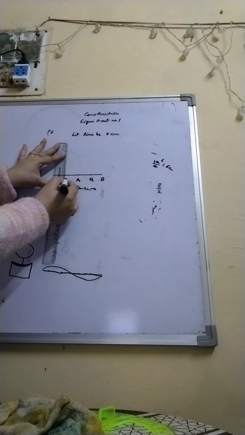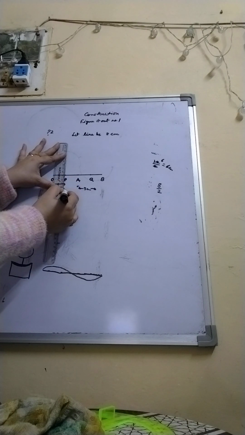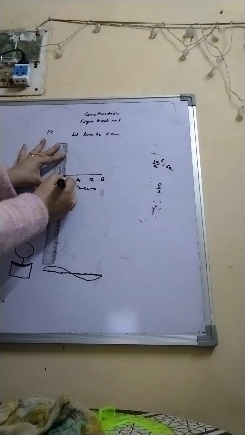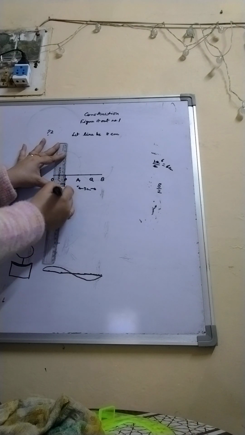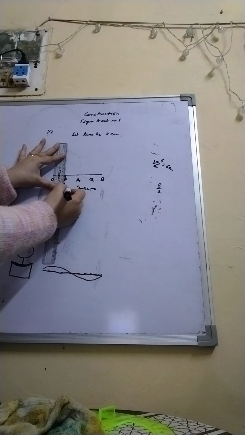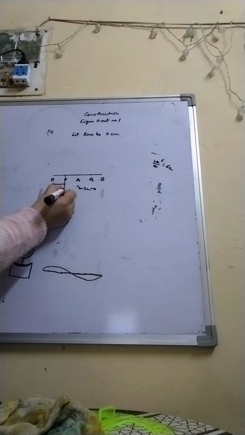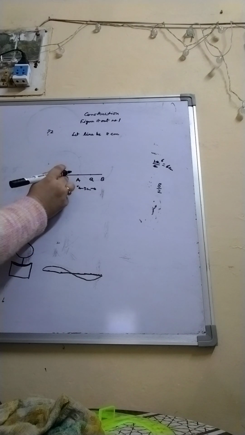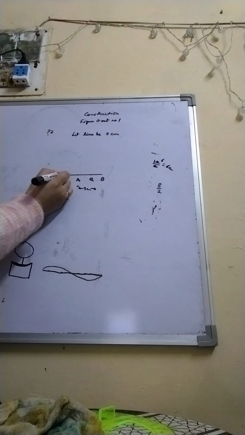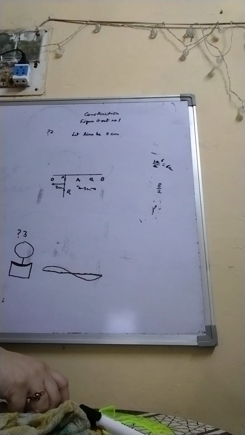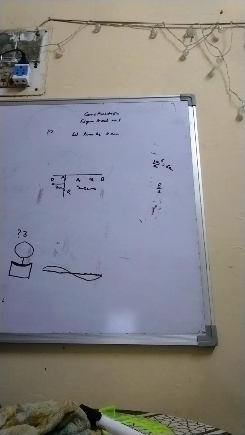So instead of P, we would take the point just below P. You can draw a line like this and take the point R here. This is point R. This is point P. So I am not taking P as the center, I am taking R as the center.